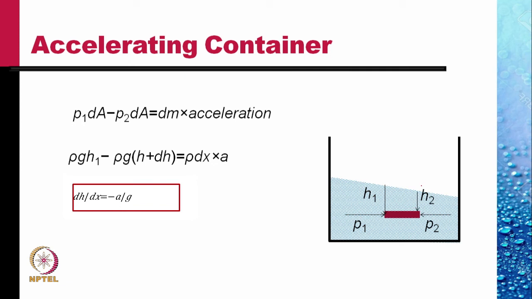Acceleration A, if I plug in this for dm, I get a simplified equation: dh by dx is A by g. dh by dx is the slope of this line, is A by g. Acceleration divided by the gravity.